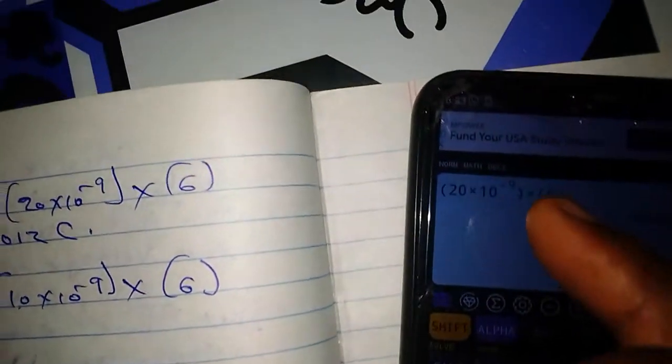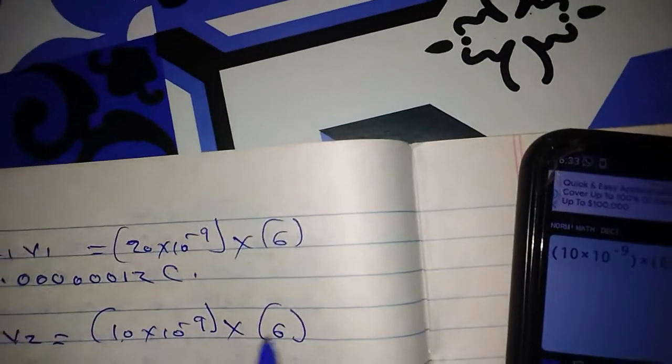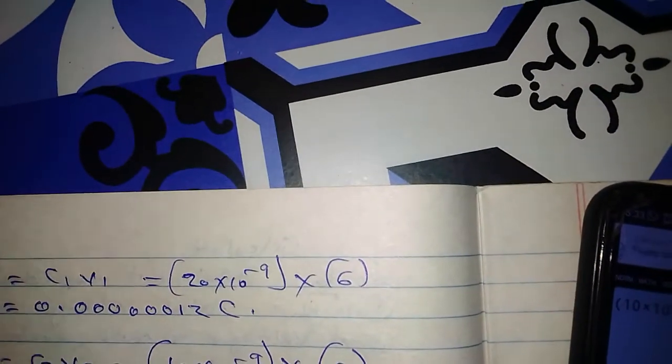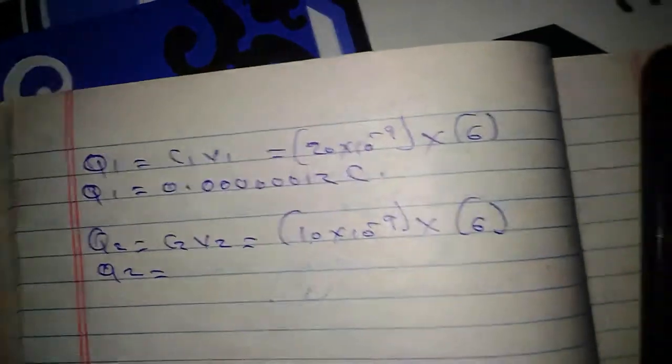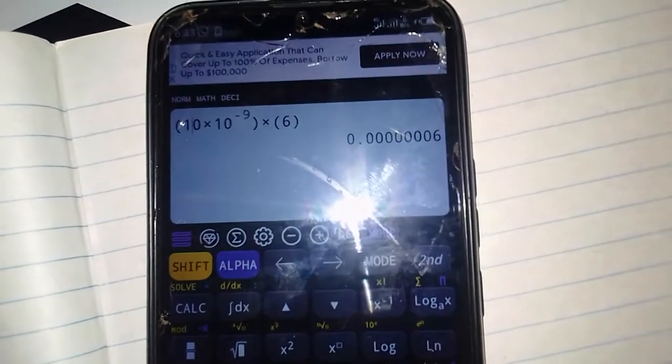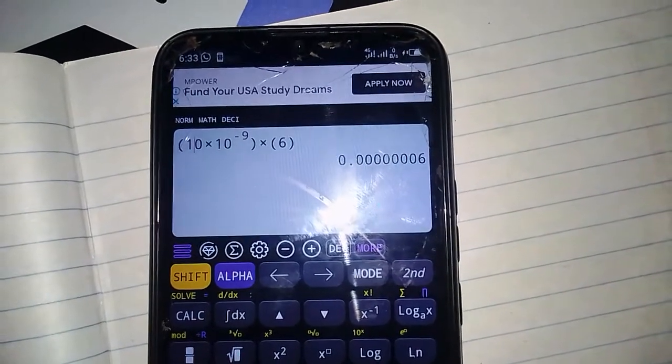When we do the calculation, we see that our answer is 0.00000 and so on.